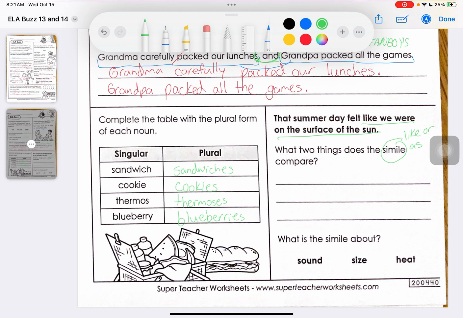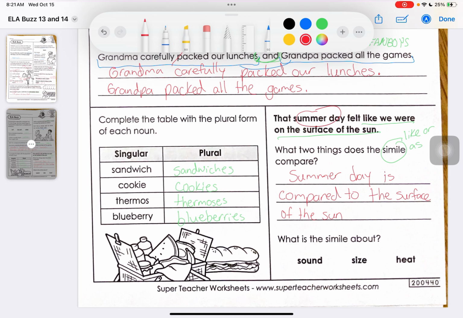It compares the summer day, is compared to the surface of the sun. Yeah, the summer day is being compared to the surface of the sun.